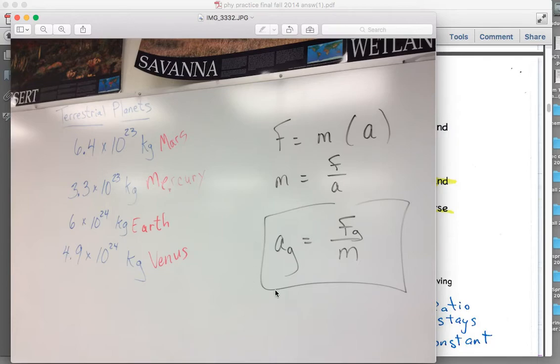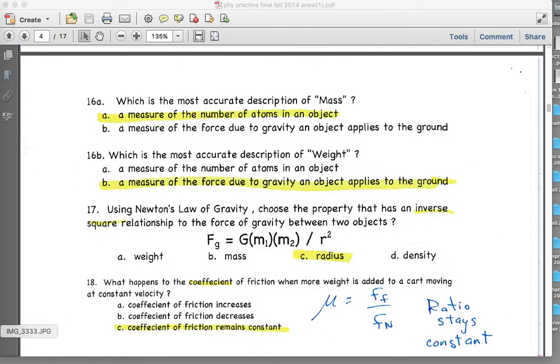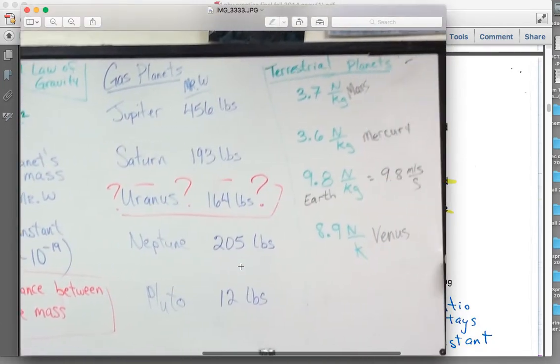So a lot of times when you look up these accelerations due to gravity on other planets, it's actually listed as a force to mass ratio. So if you look at some of these accelerations due to gravity of some of the planets here.